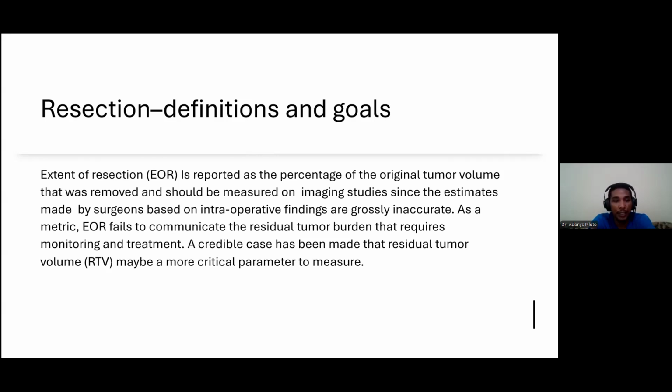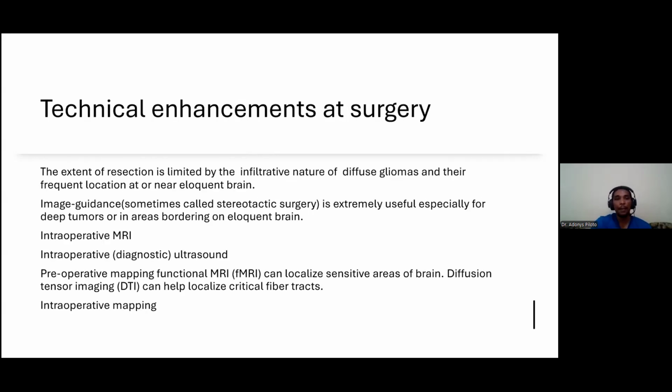As a metric, extent of resection fails to communicate the residual tumor burden that requires monitoring and treatment, and a credible case has been made that residual tumor volume may be a more critical parameter to measure.